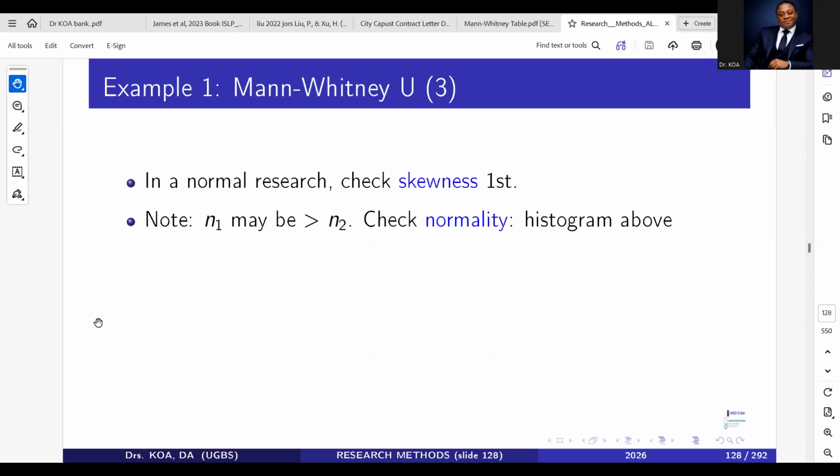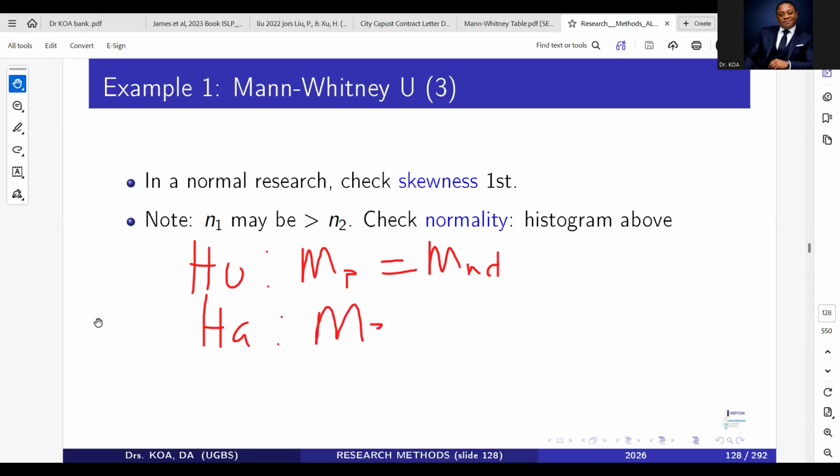For those of you who are following, the hypothesis was formulated as H naught: M placebo equal to M new drug. Okay. And then the alternative was formulated by our dear lady as M placebo not equal to M new drug.